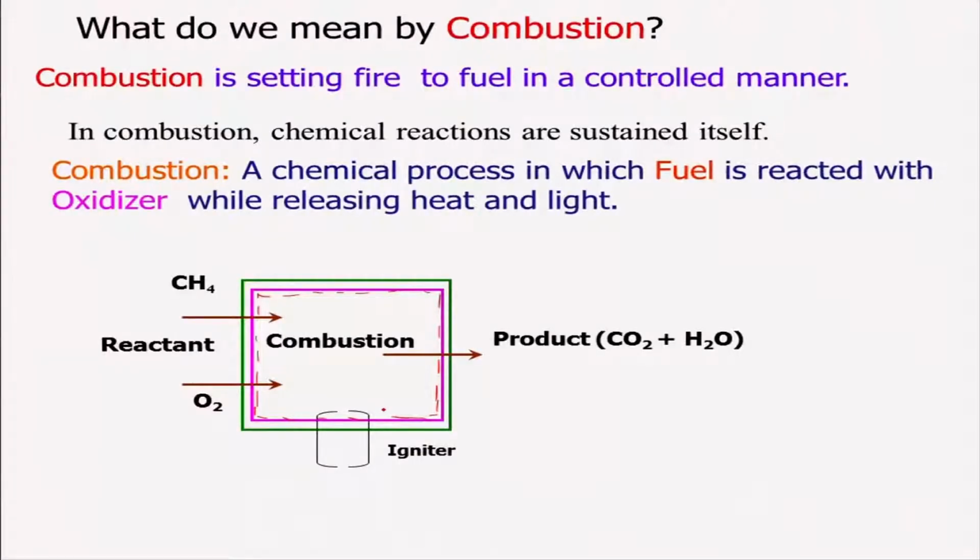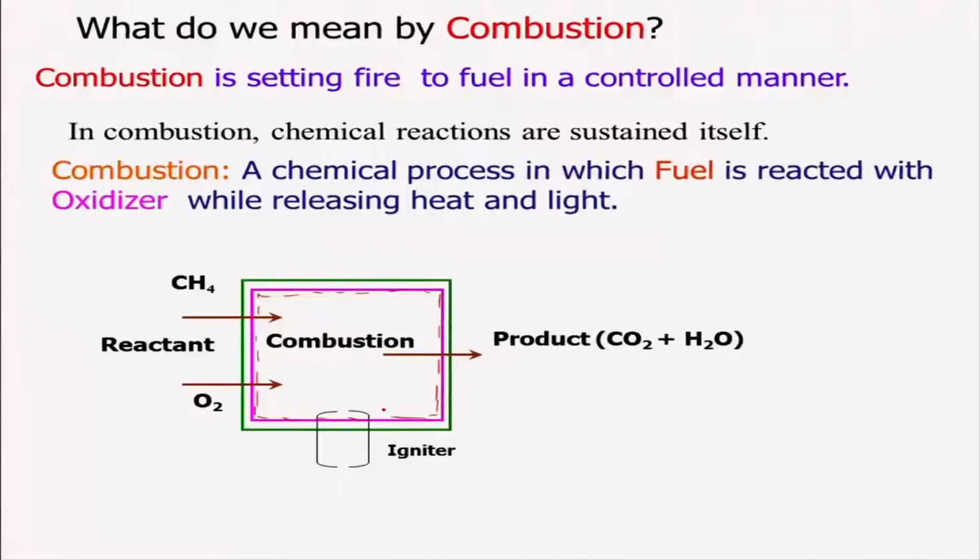Suppose there is a chamber where you are just adding fuel, let us say methane fuel and oxidizer, and it is mixed properly. Unless you give some ignition energy, it will not ignite, it will remain as it is, isn't it? So, that is in a stable state, but once you give ignition energy, it will go directly to the end product, that is carbon dioxide and water.